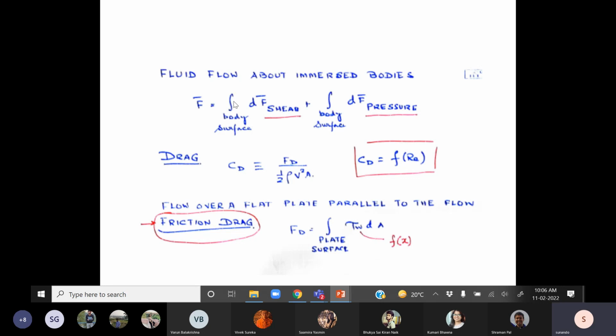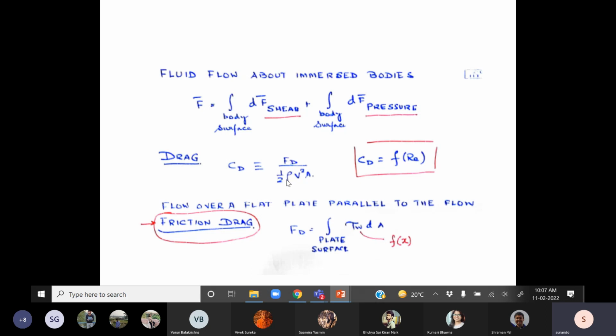In this part of the course, we are going to consider only the first one, the shear one. The shear force is, in most cases, commonly called the drag force, and this is the definition of the drag coefficient. The drag coefficient is the force of drag, force due to shear, divided by half rho v square A. If you compare this with the definition of the friction coefficient that we have introduced, there Fd is replaced by tau w and the dynamic pressure is only half rho v square.